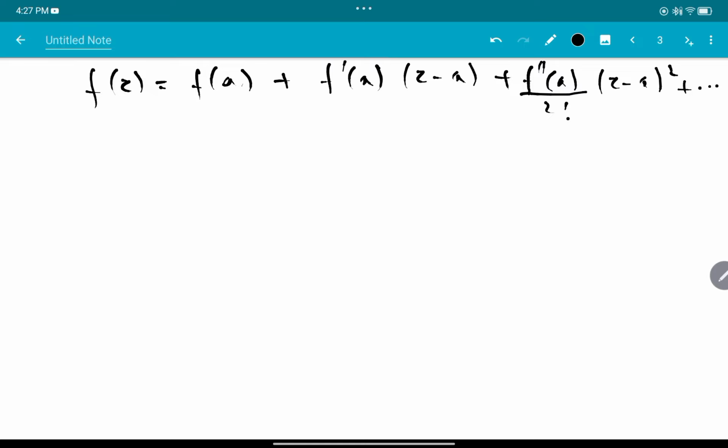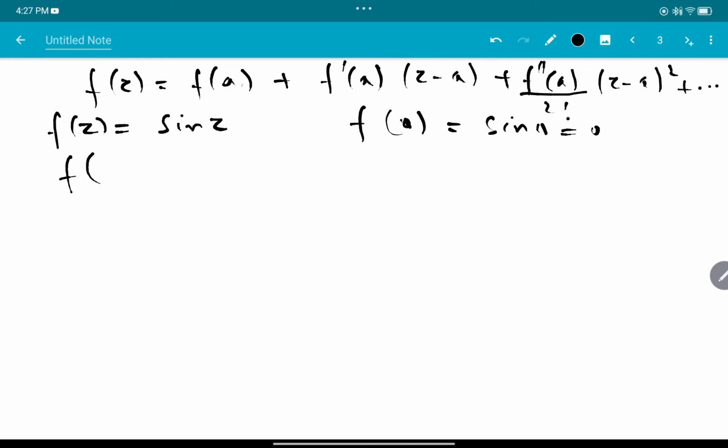Now here f(z) is equal to sin z, and we are expanding about z equal to 0. So f(0) is sin 0, which is 0.